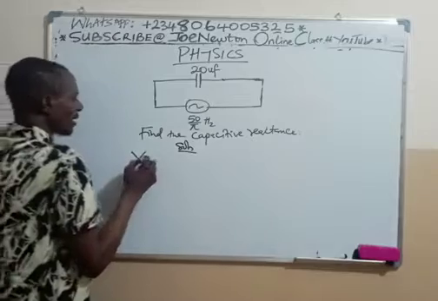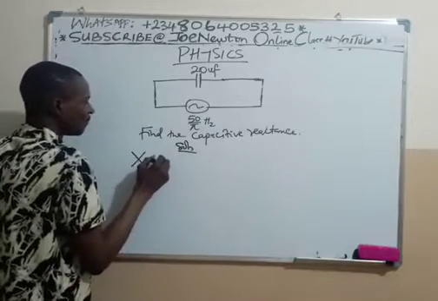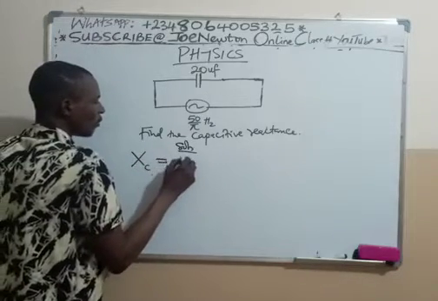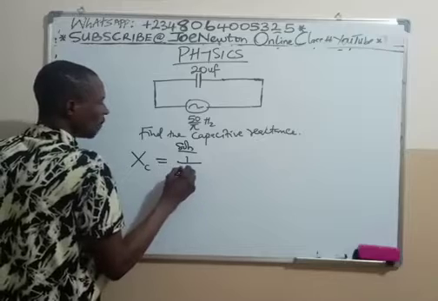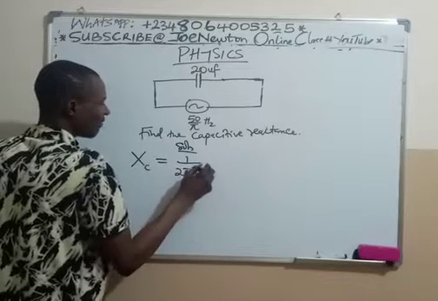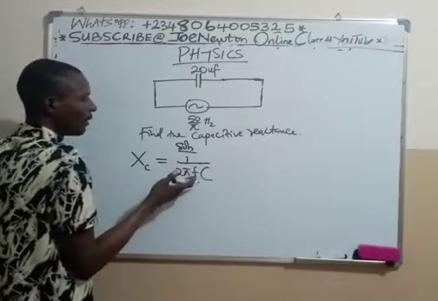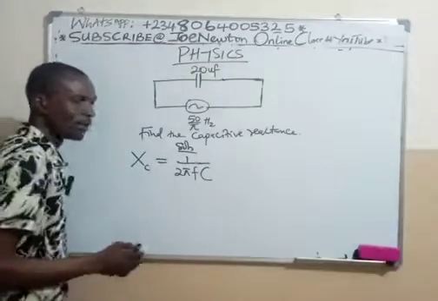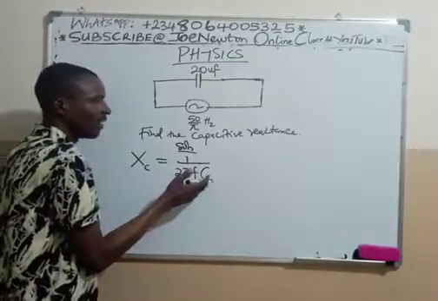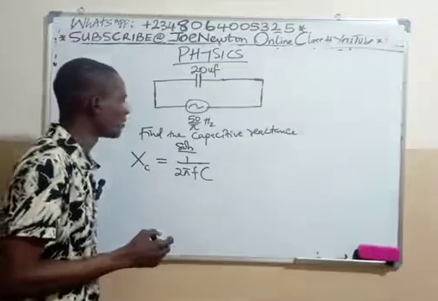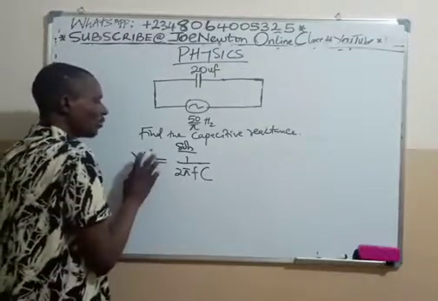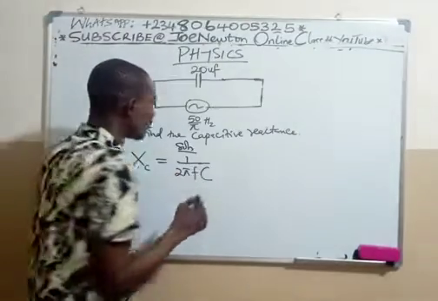Capacitive reactance XC is equal to 1 over 2 pi FC, where F is the frequency and C is the capacitance in the circuit. Then our value will be in ohms.